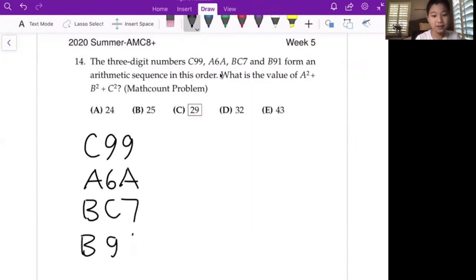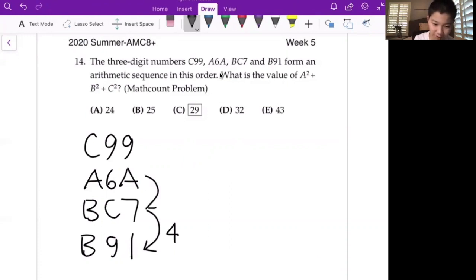And then here's another thing. It never said anything about this being an increasing arithmetic sequence, which is what I thought of when I did this at first. So let's look at the jumps. From 7 to 1, it's a jump of 4, right? And we're only looking at the units digit.